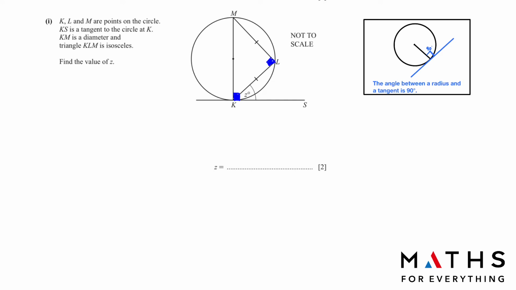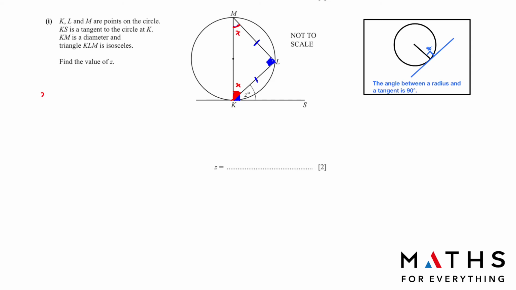And triangle KLM is also an isosceles triangle. The opposite sides are equal. LM is equal to LK. It means angle M is equal to angle K here. So what is this angle? You know that the sum of the angles is equal to 180. Suppose this is x and this is x.